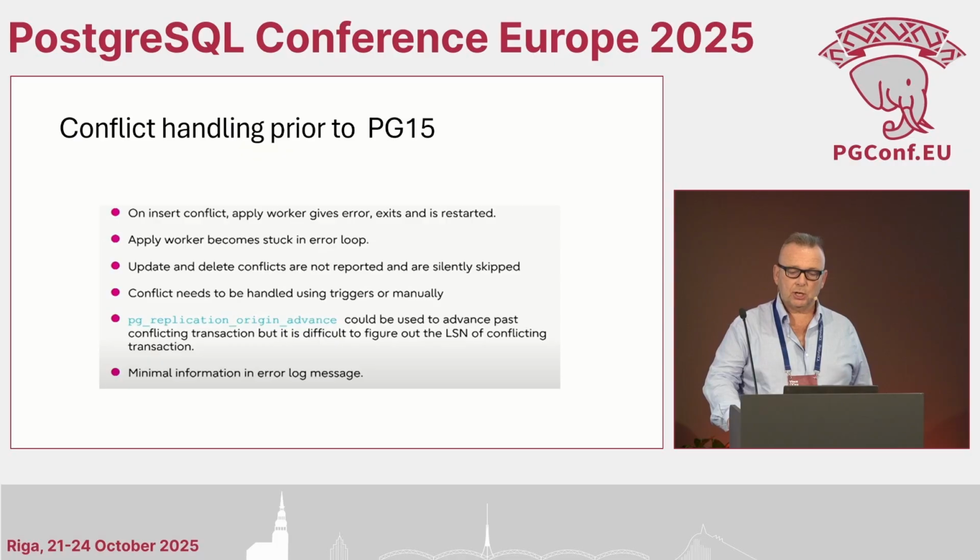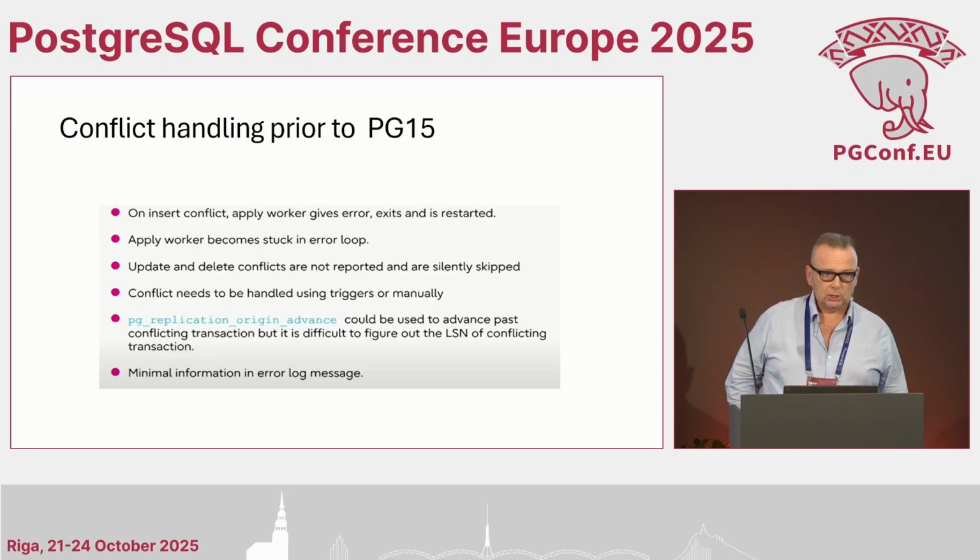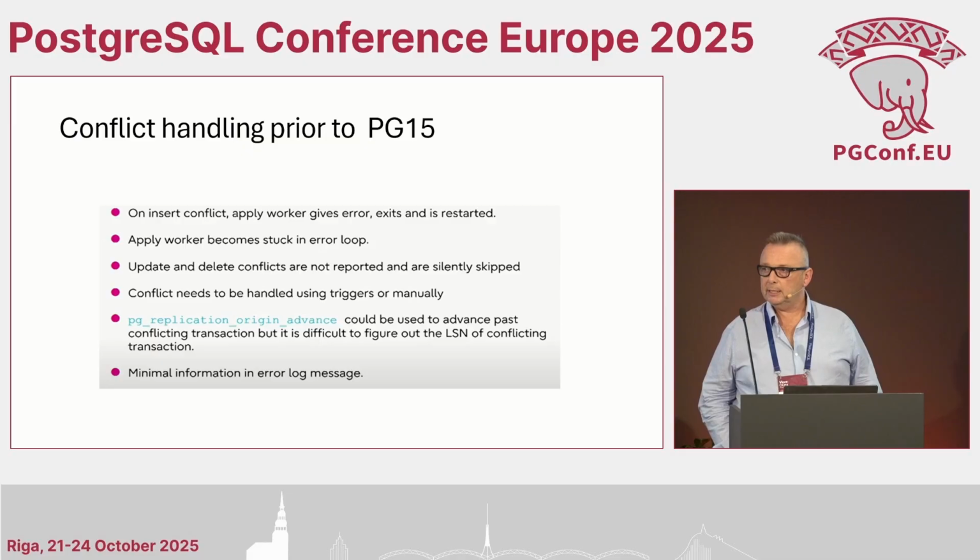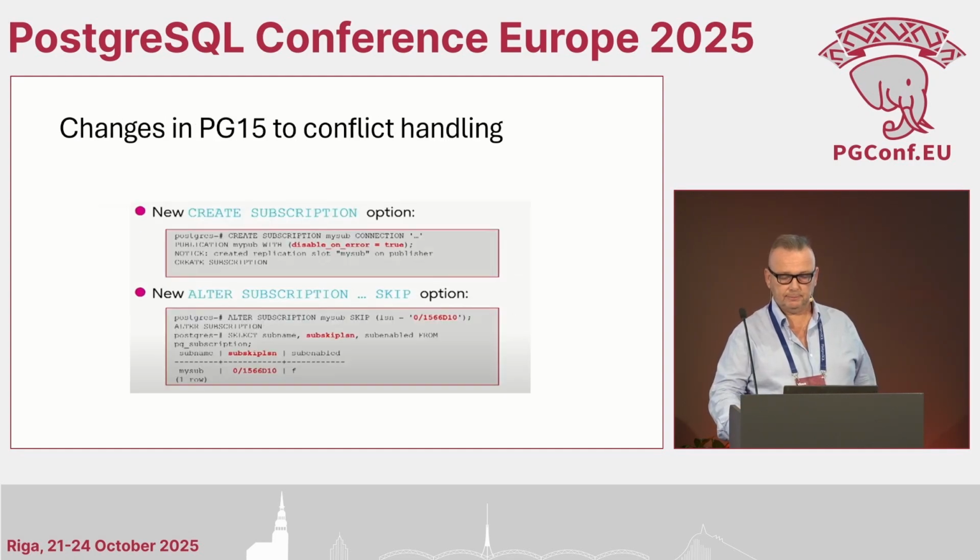You also had to know what the origin was as well. And you couldn't get these from the logs, so it was harder to do that. So you had to use pg_logical_slot_peek to be able to see what the next values were. So it wasn't easy, and it was a bit risky because, of course, if you were to enter an LSN that was above the intended LSN, then potentially you could lose data.